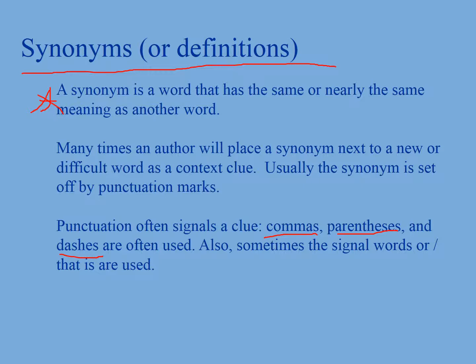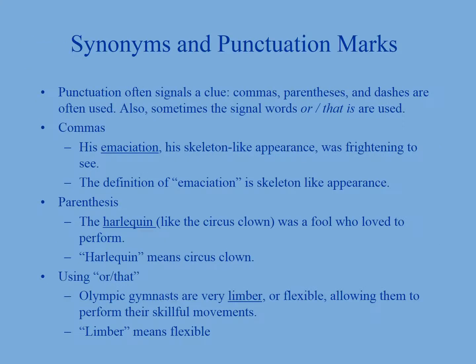Other times the author may use the punctuation signals in addition to the words "or" and "that is." Here are some examples. Remember, punctuation clues that often accompany synonyms are commas, parentheses, and dashes, and also the signal words "or" and "that is."